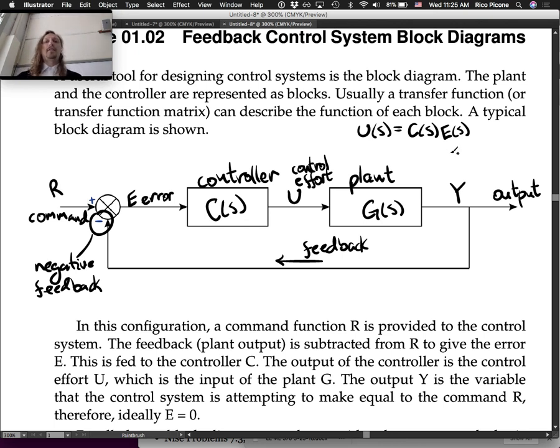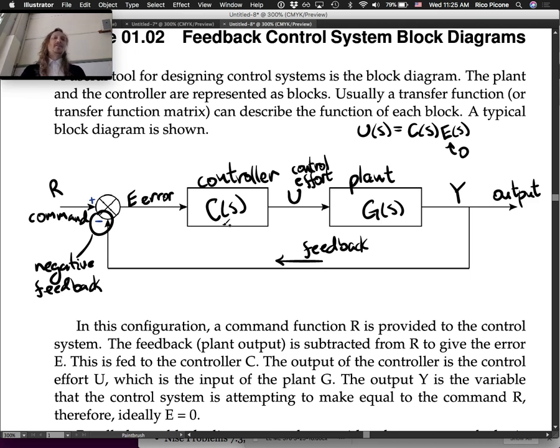So if the error is 0, then 0 times C is 0, so U of S is equal to 0. If you take the inverse Laplace transform of 0, what do you guys think it is? 0. Yeah. So that's cool. In other words, when the error is 0, our control effort is 0. We don't need to do anything.